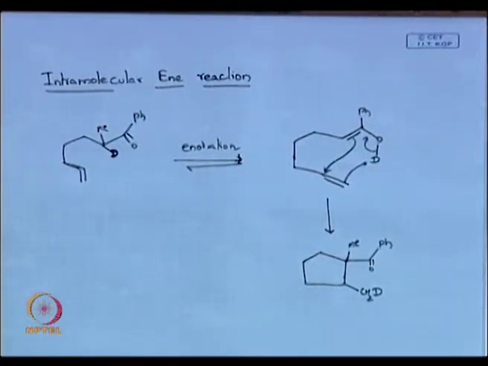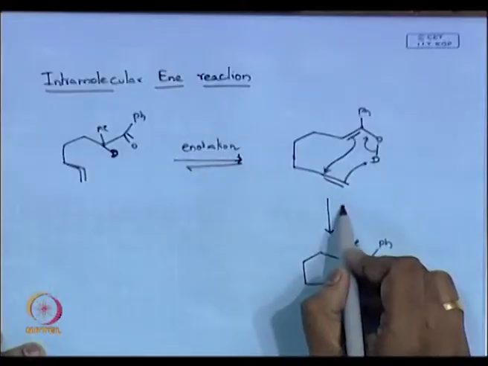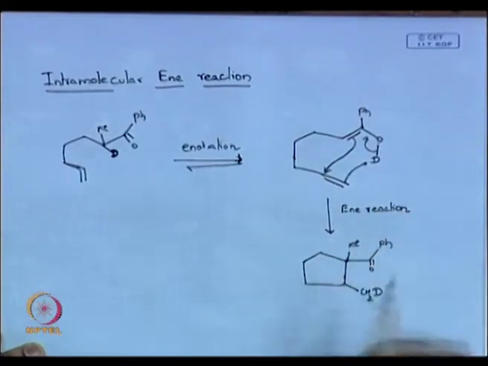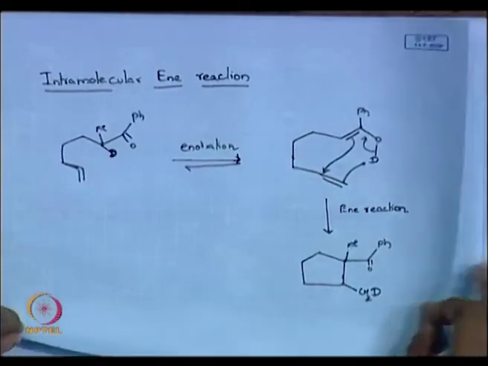This is a very good example of your intramolecular ene reaction. Your first step is enolization, then you carry out your ene reaction. We'll take one of the good synthetic utilities of this intramolecular ene reaction.